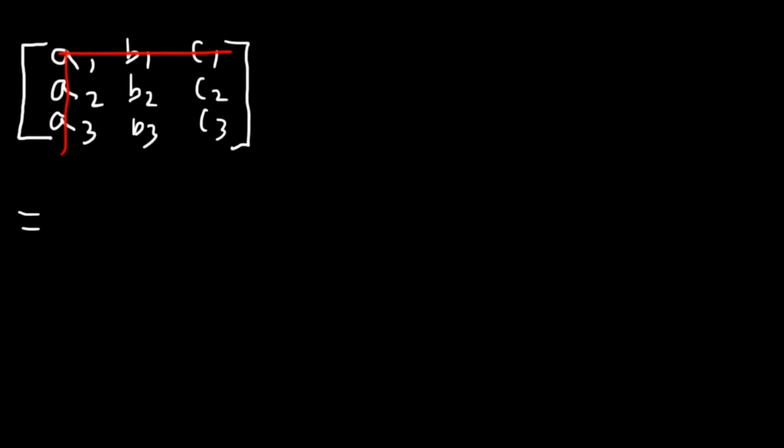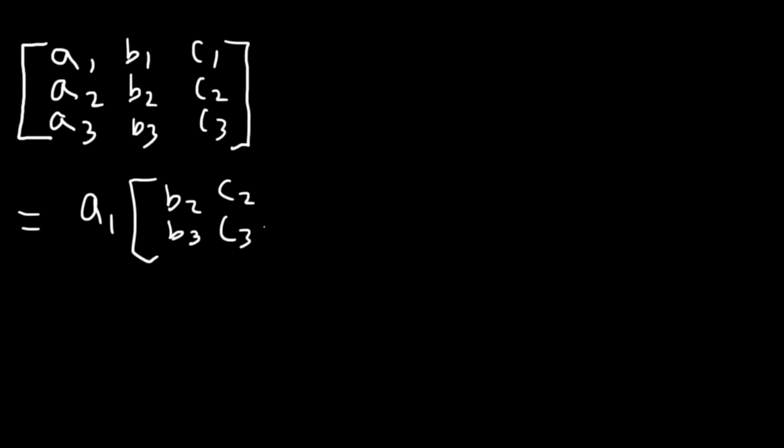And notice what you have left over: B2, C2, B3, C3. So you're going to use A1, and it's going to be reduced to a 2 by 2 matrix. So it's going to be A1, and then B2, C2, B3, C3. When you cross out row 1 and column 1, you'll be left with B2, C2, B3, C3.